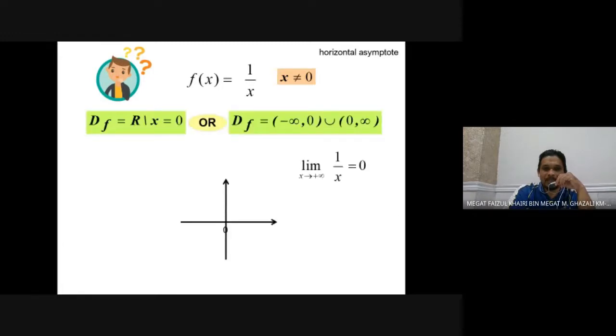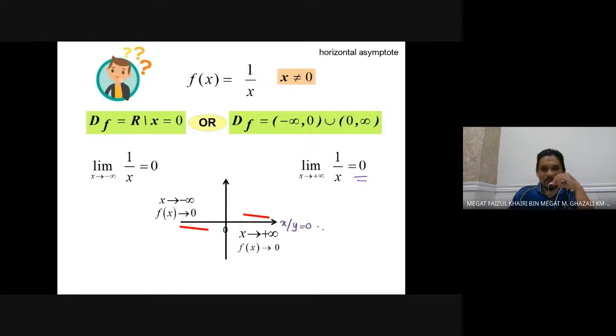So according to this, when x approaches positive infinity, f(x) is equal to 0 here, and also when x approaches negative infinity, then f(x) approaches, getting close to 0. So class, the x-axis is where the value of y equal to 0.